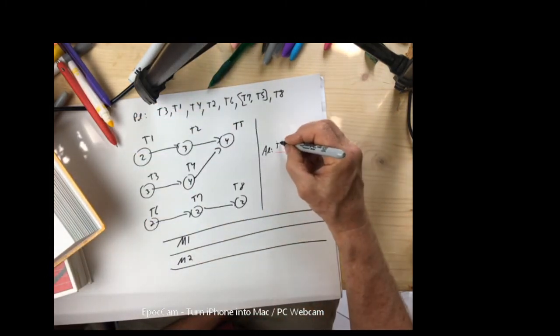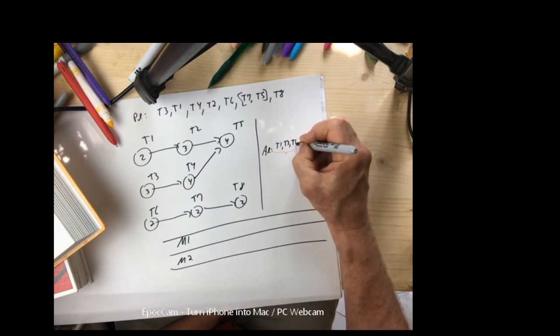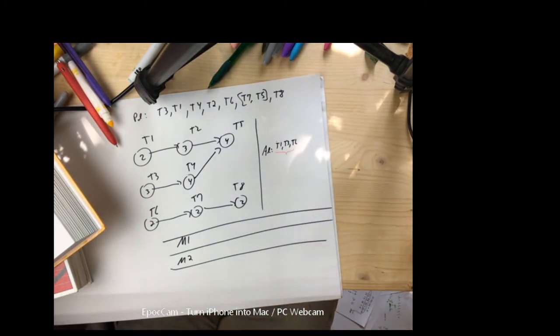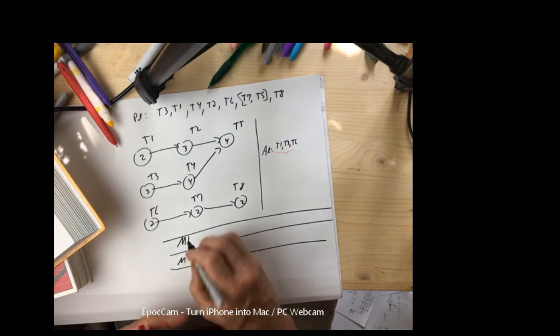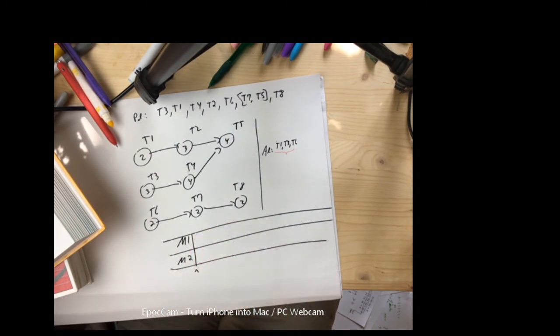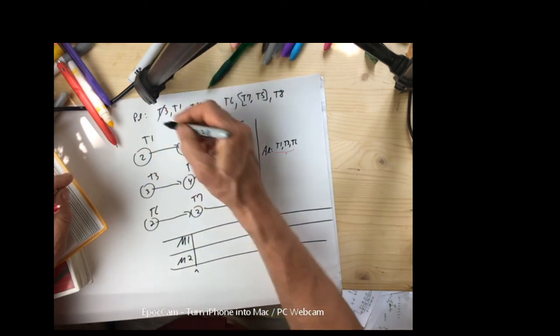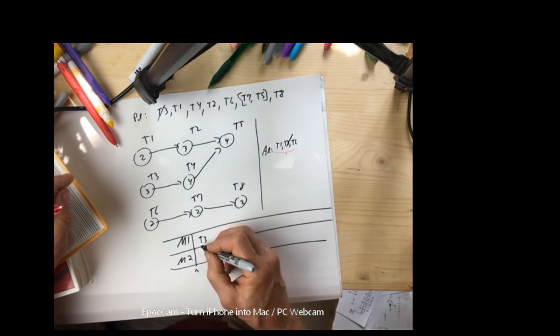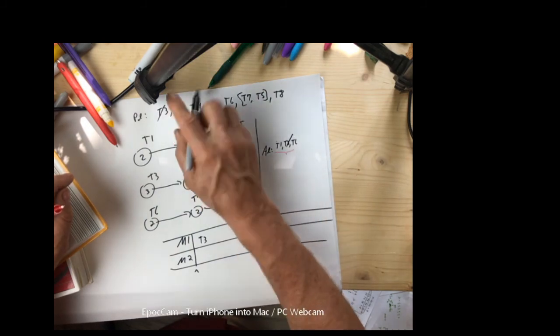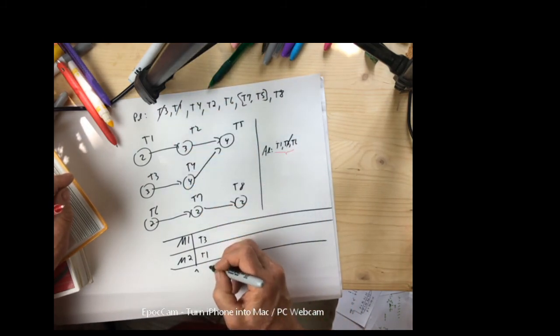That group, T1, T3, T6. Now, since I have two machines waiting at time equals 0, between 1, 3, and 6, 3 gets assigned first. Between 1 and 6, 1 gets assigned next.